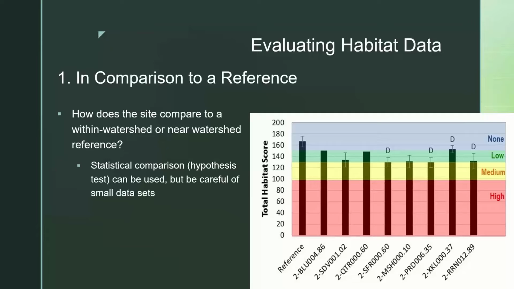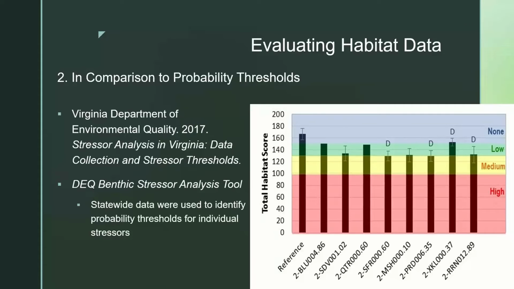We can even do statistical comparison and hypothesis tests between that reference and our TMDL watersheds. Again, the same cautions for small data sets would apply. Again, we can look at habitat data in comparison to the stressor probability thresholds.